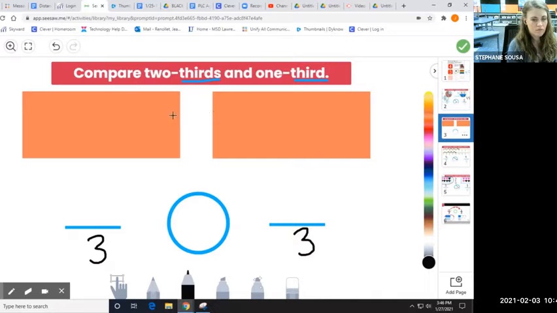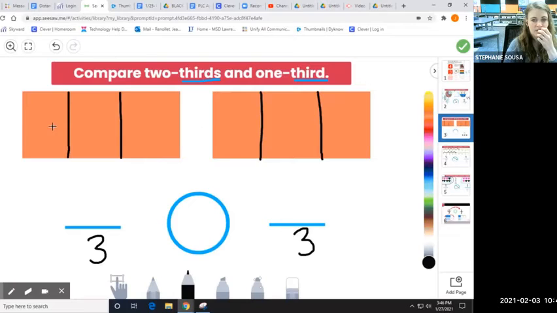Next, I can partition each model into 3 equal parts. I have now partitioned both models into thirds, or 3 equal parts.